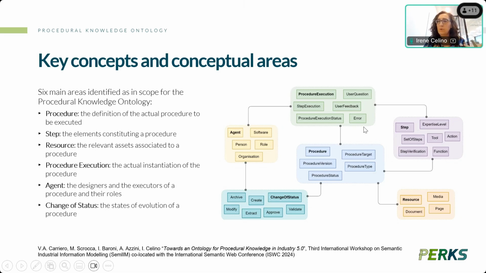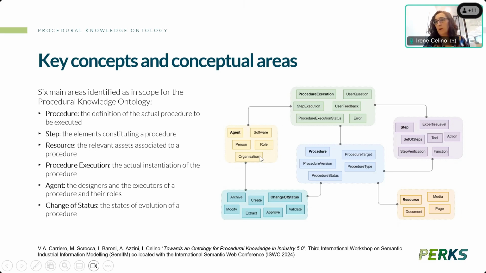Another thing that was mostly missing in the state of the art was the distinction between the procedure and the execution of the procedure. So the actual instance of executing a procedure in a specific case.